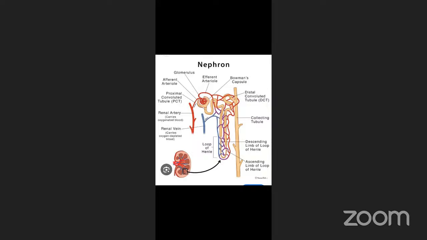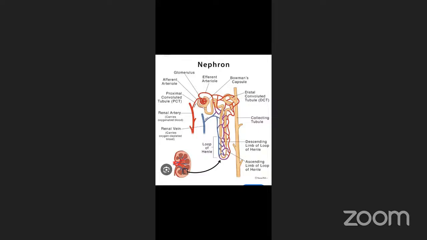The cells lining the proximal convoluted tubule have numerous mitochondria to provide more energy for active reabsorption. There's active transport that occurs there. In the process of active transport, you expect that energy will be required, and energy can only be provided by mitochondria.